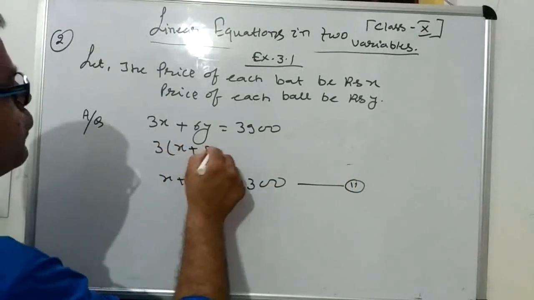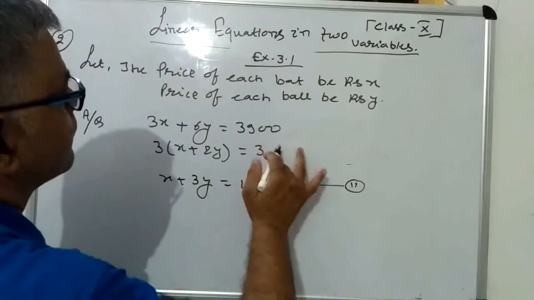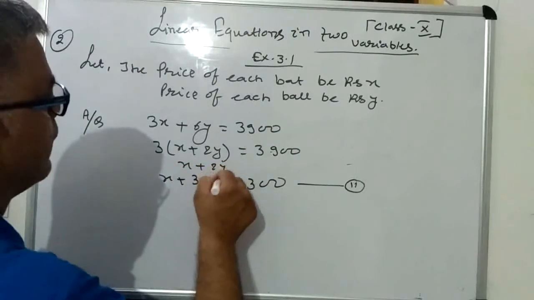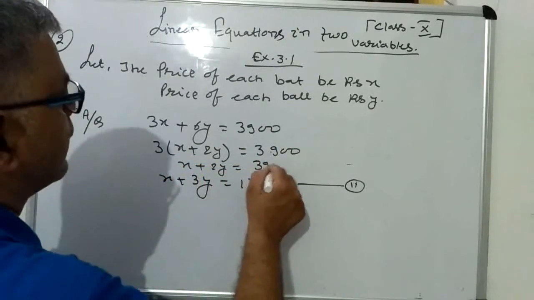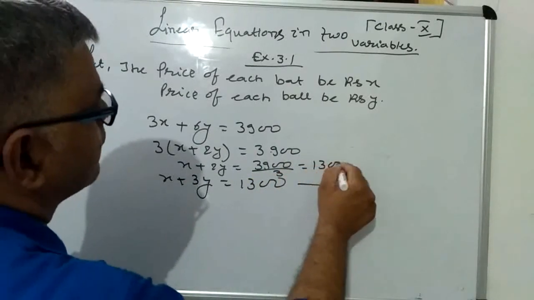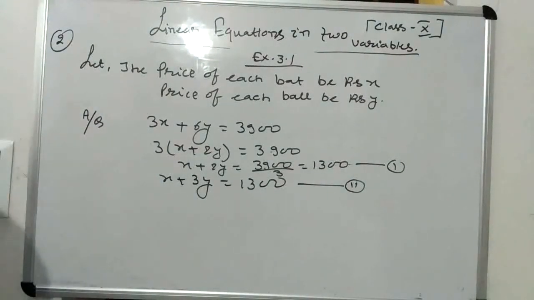So x plus 2y equals 3900 by 3, that is 1300, and this is your equation number 1. And equation 2 is x plus 3y equals 1300. So these two are the equations.